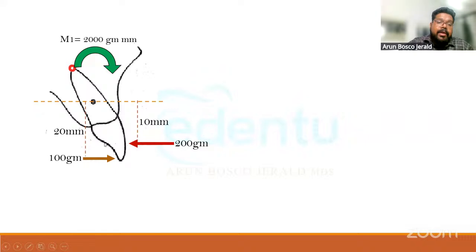Now see, this force is also acting away from the center of resistance. So because of this force, there will be another moment, which is in a counterclockwise direction and whose magnitude is again 20 times 100, that is 2000 gram millimeter. Now, these moments are equal in magnitude, opposite in direction. So these two moments will cancel each other. Okay.